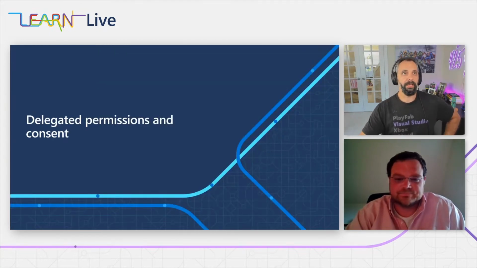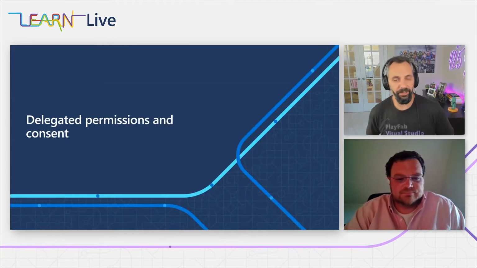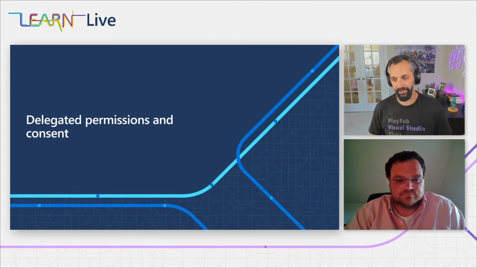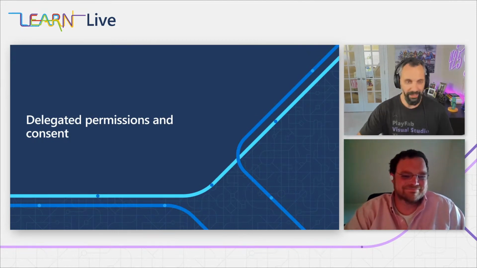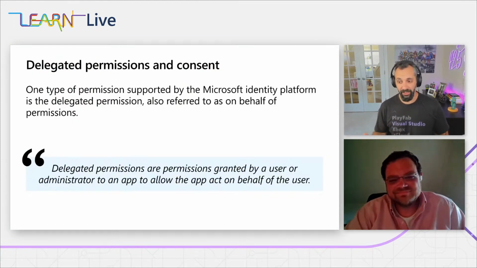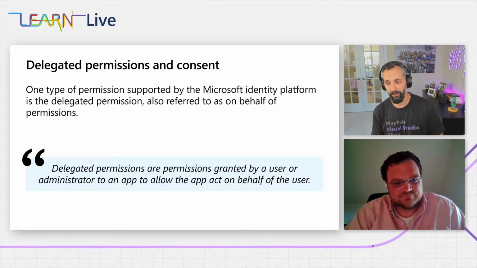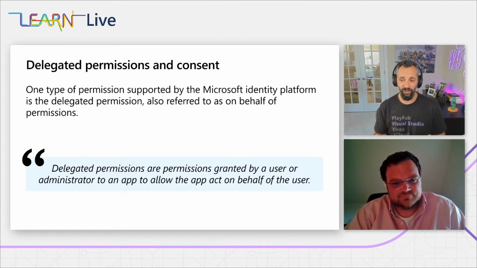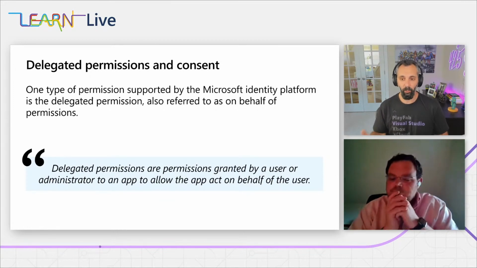Right. Moving on to delegated permissions and consent. So JP can take a break now while I bombard you with words. So delegated permissions and consent. JP has already mentioned that. We have already described this. It's one of the permissions that are supported from the Microsoft Identity Platform, and it is usually when a user has to delegate permissions to an app to act on their behalf.